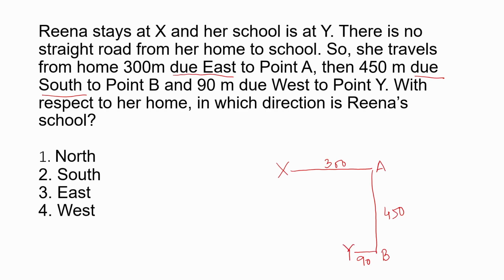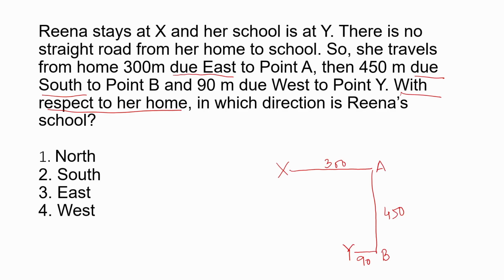So the first thing is, where is the child going, which direction: due east, due south, due west. The second point which you have to keep in mind is, in which direction is Reena's school with respect to her house. So this word, with respect to her home. Okay.